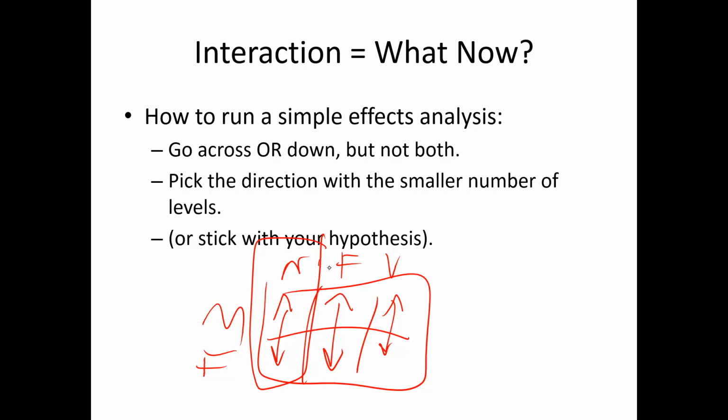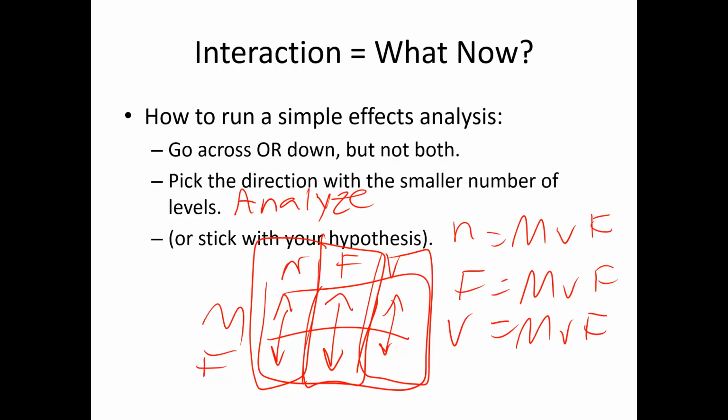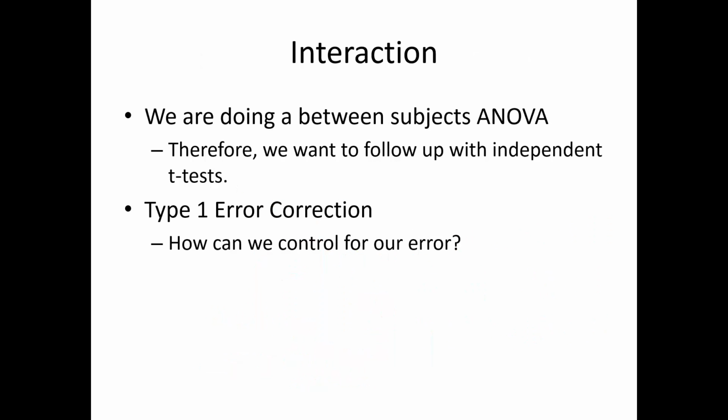But that means that we have to split on the larger number of levels and analyze on the smaller number of levels. So this I'm talking about analyze. In a minute I'm going to talk about splitting on the larger number of levels. We're doing a between subjects ANOVA. Therefore, the follow-up test is independent t.